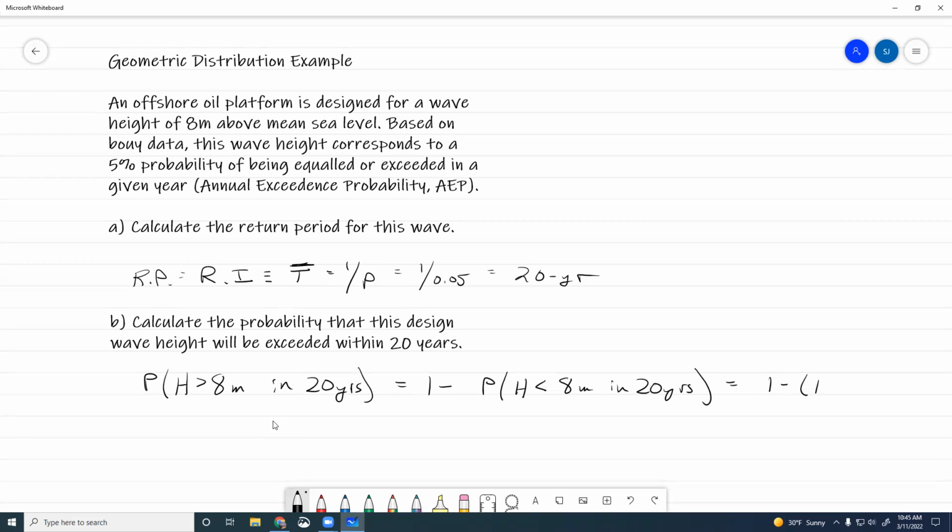So this is going to be 1 minus P to the n. So this ends up equaling 1 minus 0.36. So we get about a 36% chance that that wave will be equaled or exceeded in 20 years.